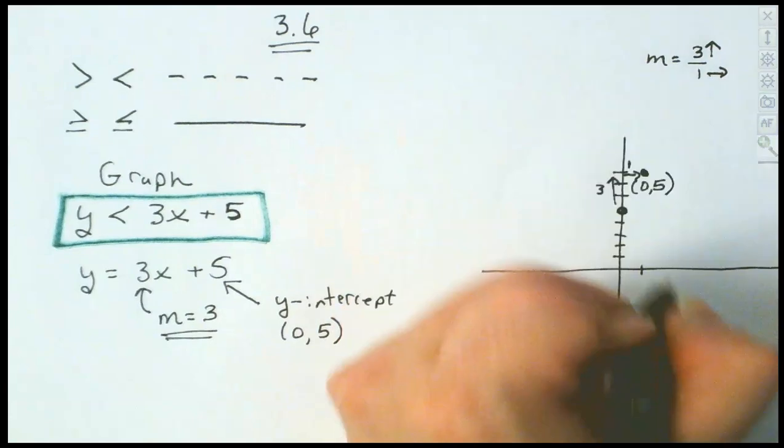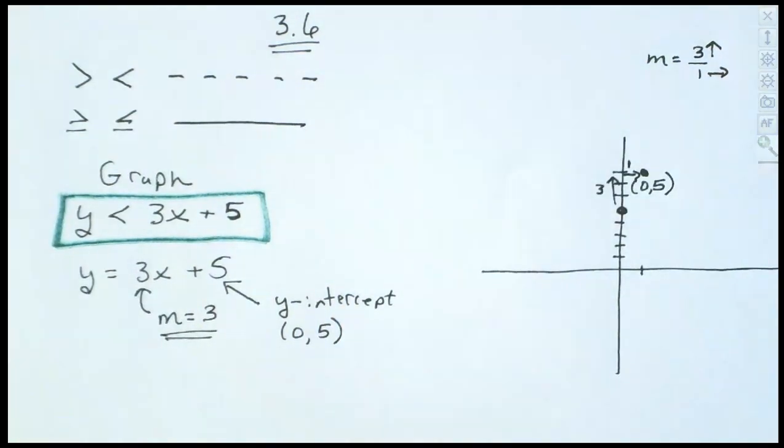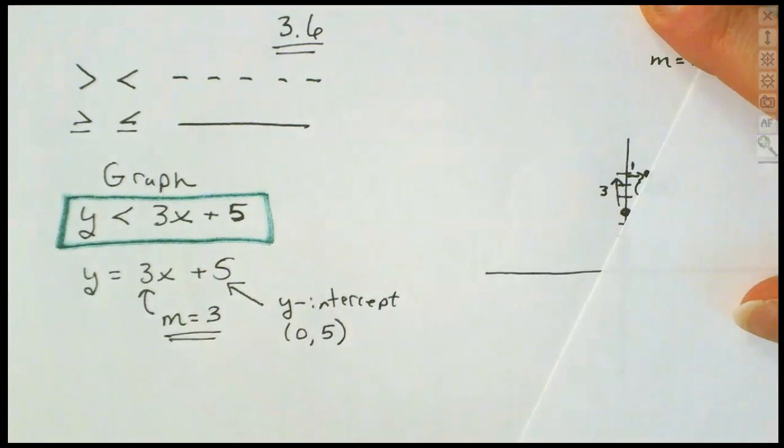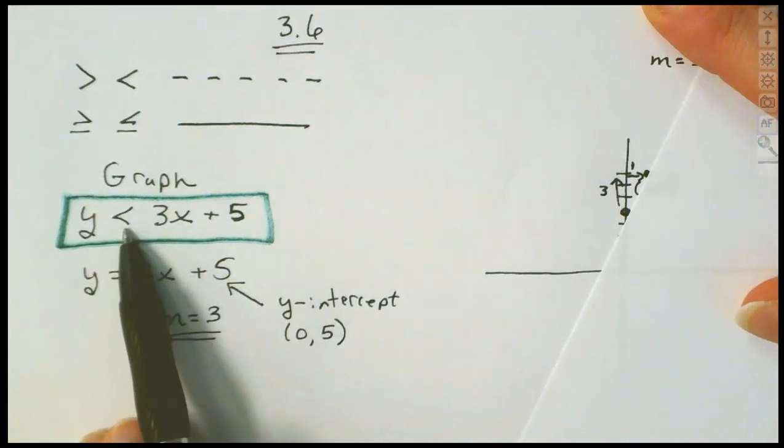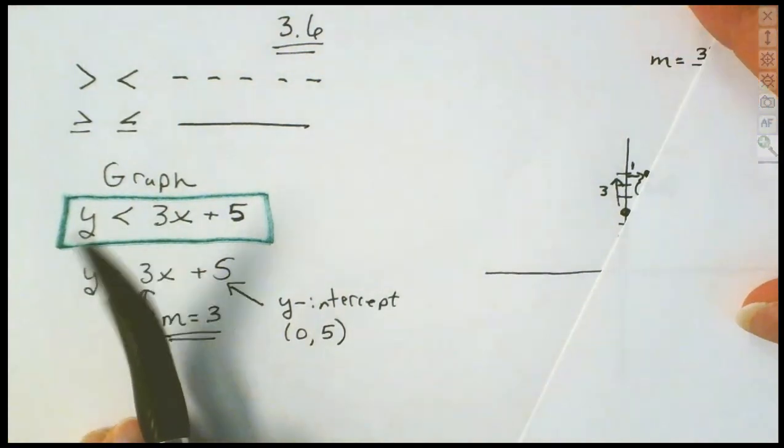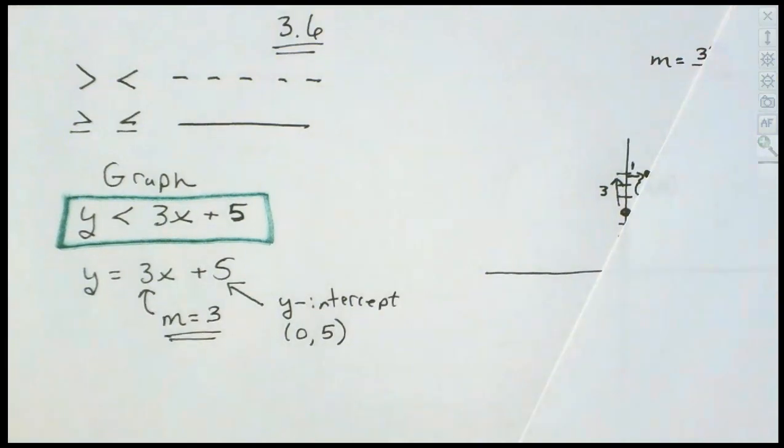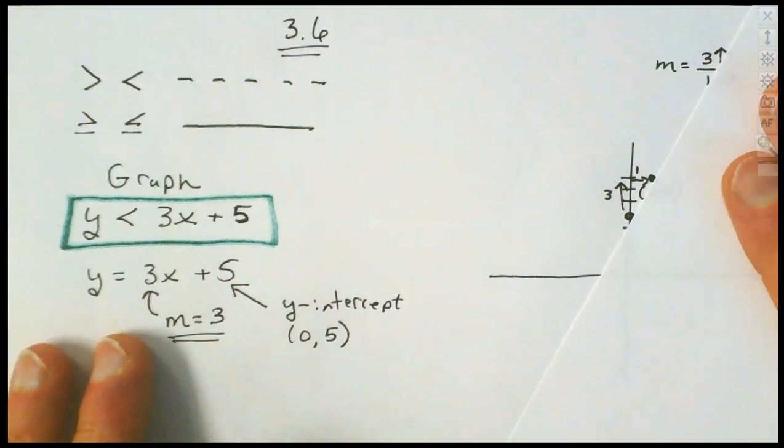Make our new dot, and we're going to connect these together. When we connect them together, we are going to be using a dotted line. Why? Because our original is strictly less than or strictly greater than. Very, very important that you notice it's a dotted line.